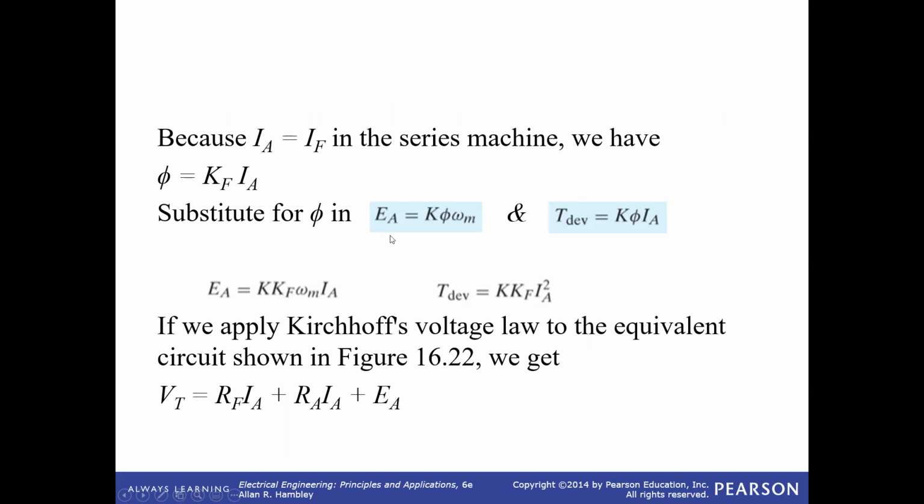And because IA is equal to IF, we can rewrite the equation of flux as KF times IA, and substitute the flux in the equation of the back EMF and also torque, and we will obtain this equation.